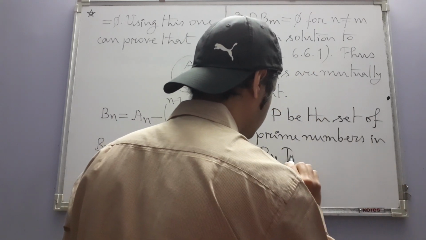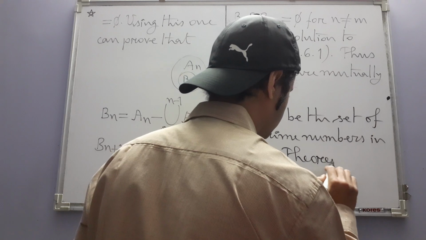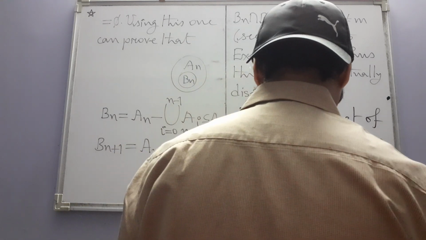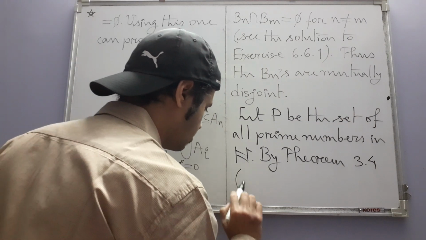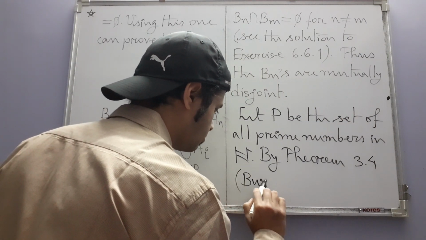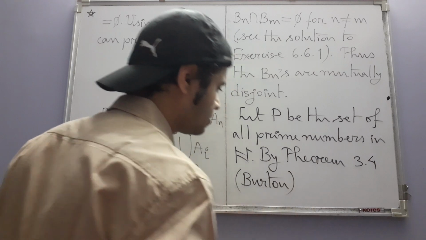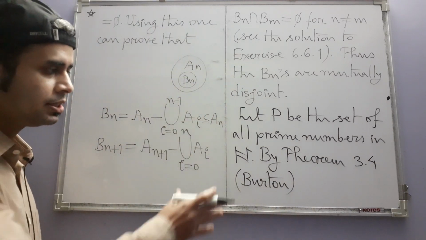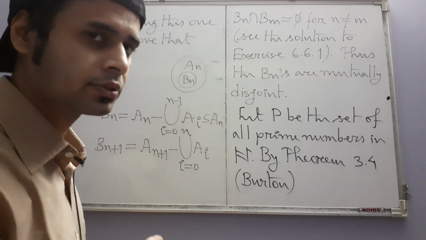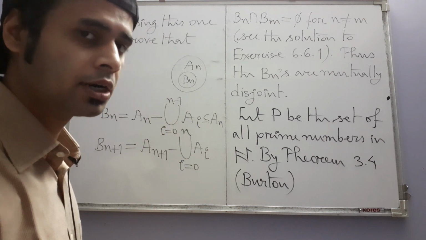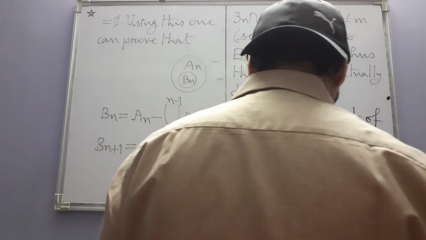By theorem 3.4 from David M. Burton's elementary number theory, which is just the statement that P is infinite, that there are infinitely many primes, Euclid's statement.